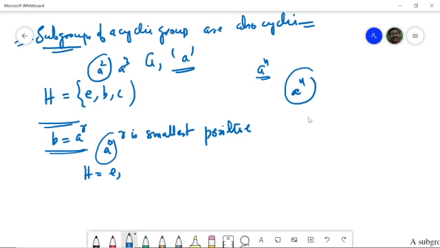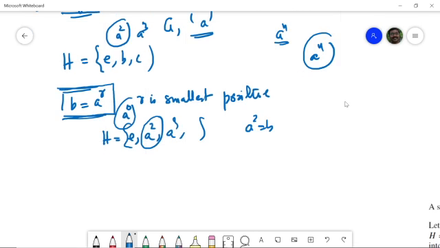There can be other elements like A square and A cube. We don't know what is there, but this is the smallest positive integer with that property, so I'll choose this A square as my B. That is how we choose this B. B is the smallest positive integer with that property. That's the key here.